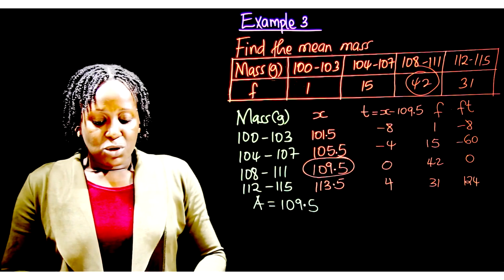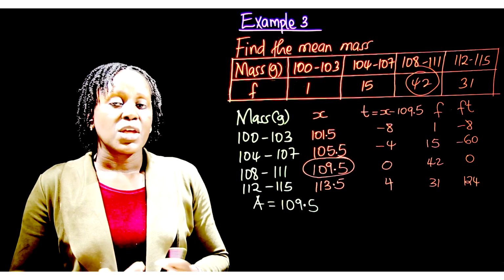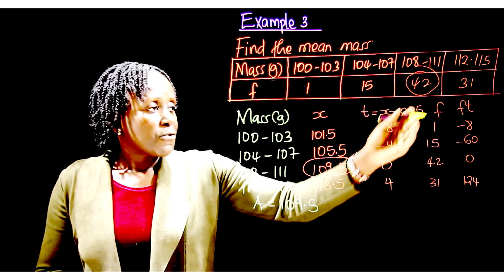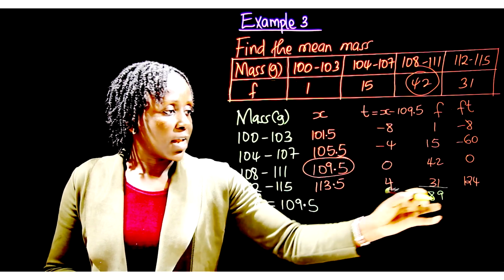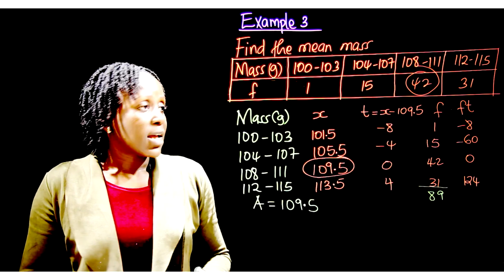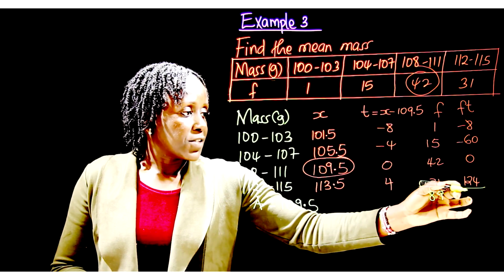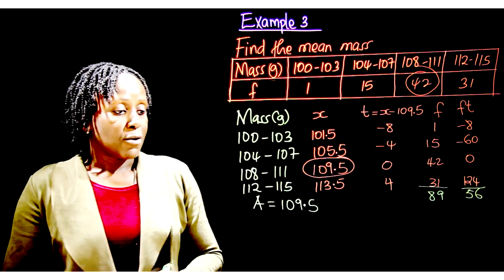Now remember, in the formula, we need to get the sum of ft. We also need to get the sum of the frequency. If you add up the values of the frequency, you will obtain 89. If you add up the values of ft, you will obtain 56. With this, we can now apply the formula.